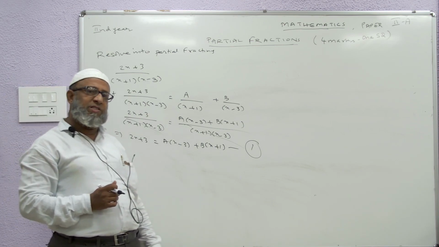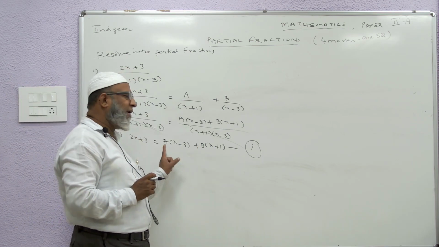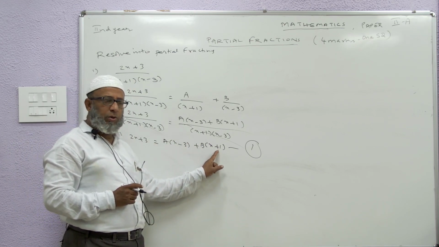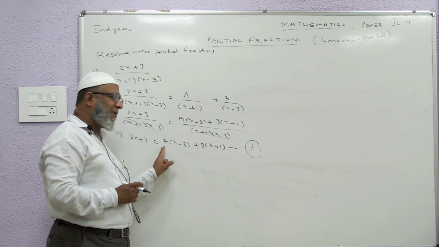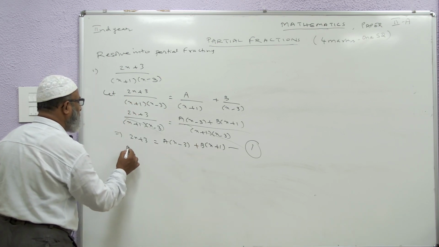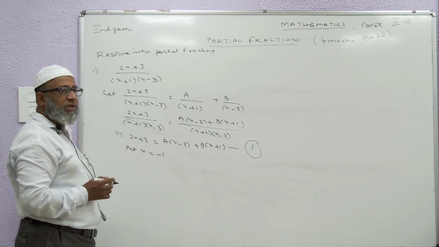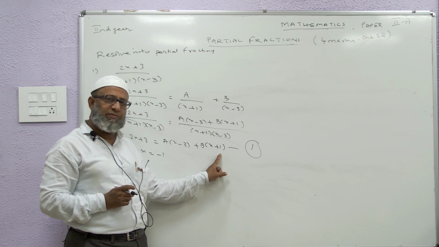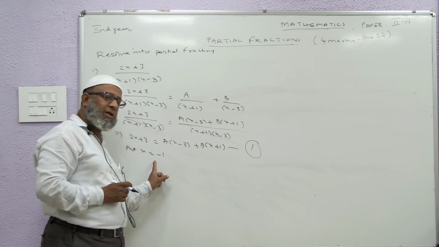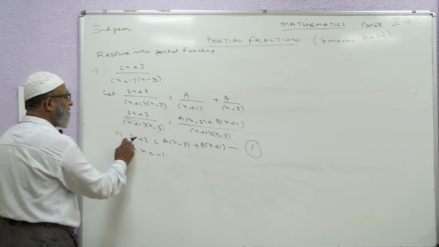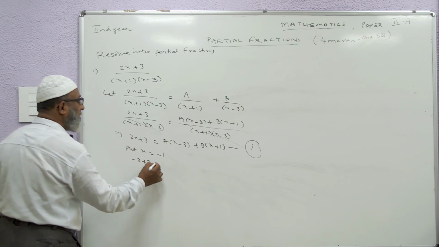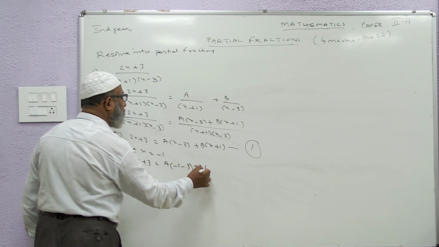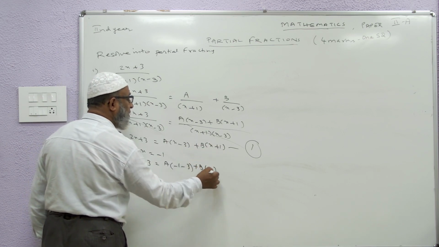Now, my purpose is I want to get the values of capital A and B. To get the value of A, I have to make this part 0. To get the value of B, I have to make this part 0. Now, I am substituting, put x equal to -1. What is the number here? Plus 1. The opposite of this is -1. If I put x as -1, see what happened. 2(-1) is -2, plus 3 is equal to A into (-1 - 3) plus B into (-1 + 1), which becomes 0.